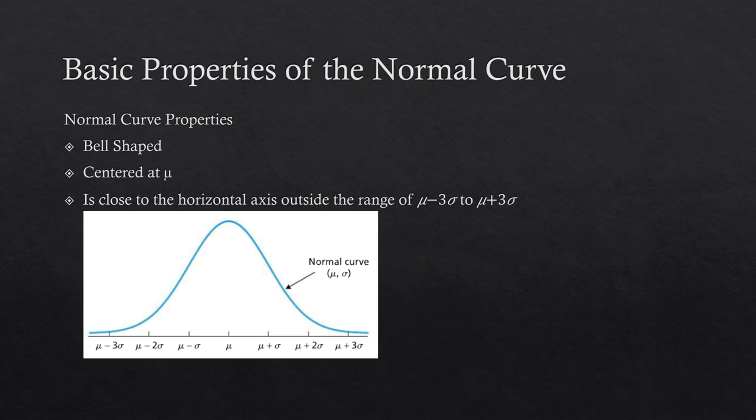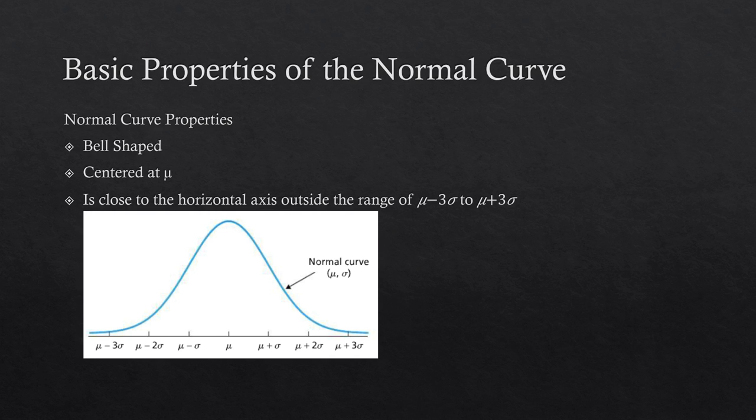We knew it was bell shaped, we knew it was centered at the mean, and that outside the range of 3 standard deviations to the right of the mean and 3 standard deviations to the left of the mean, it got very close to the x-axis. That's basically what we talked about with the basic properties of the normal curve.